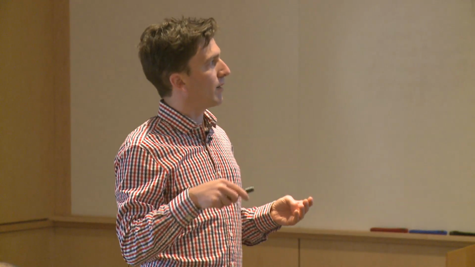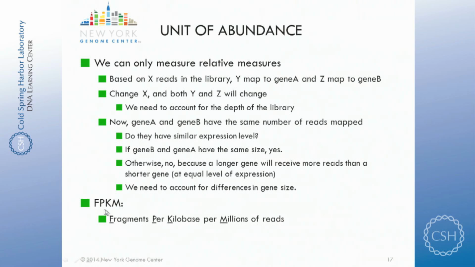And so what Cufflinks proposed was this measure called FPKM that you might have heard of. In a single read experiment it's called RPKM, for reads, but in paired end, it's called FPKM, for fragments per kilobase per million reads, okay?